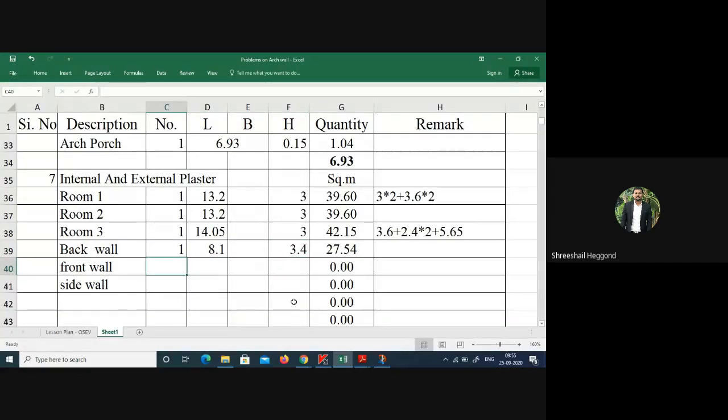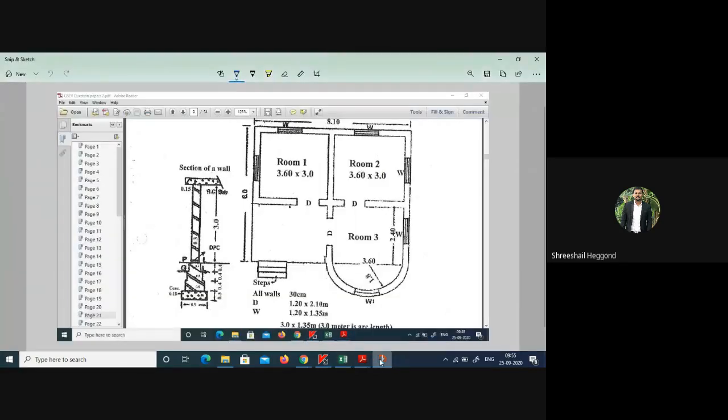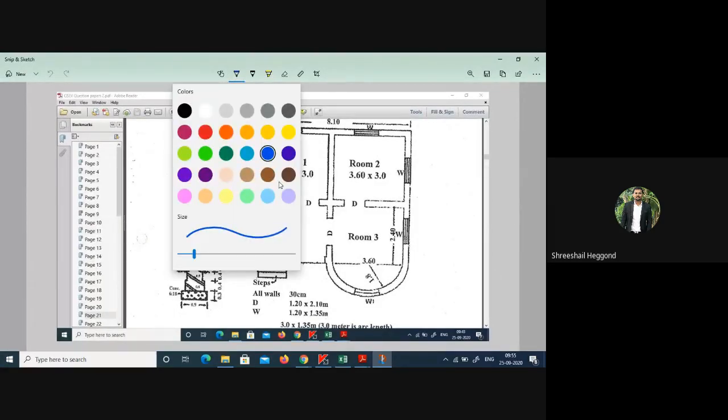Next, front side wall I can consider as 1. Length of front side, internal dimension of this one is given as 3.6.